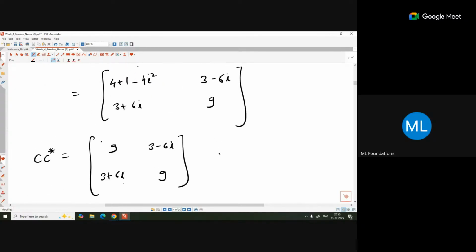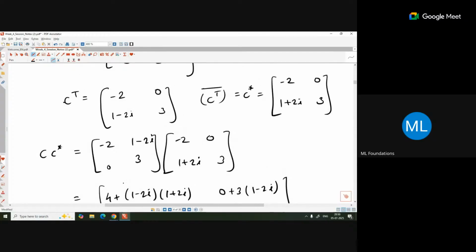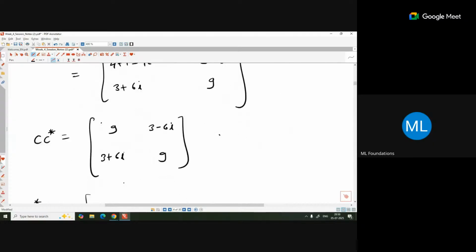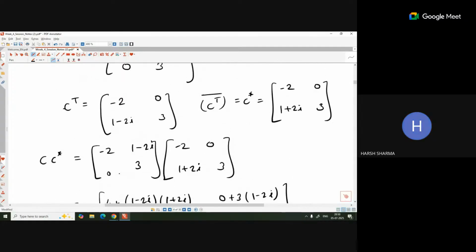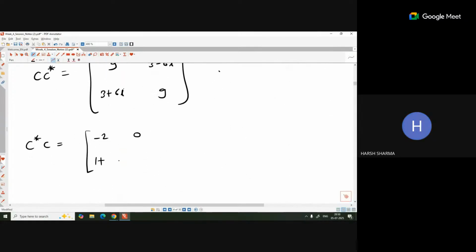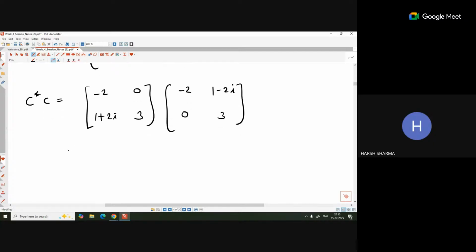So what was C star? Minus 2, 0, 1 plus 2i, and 3. And C was minus 2, 1 plus 2i, 0, 3 with 1 minus 2i. If I do the multiplication, this time I'll do it in one single step.